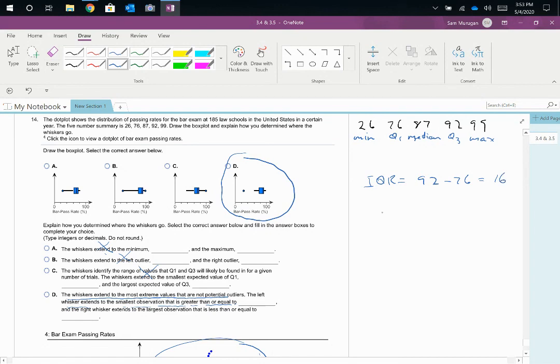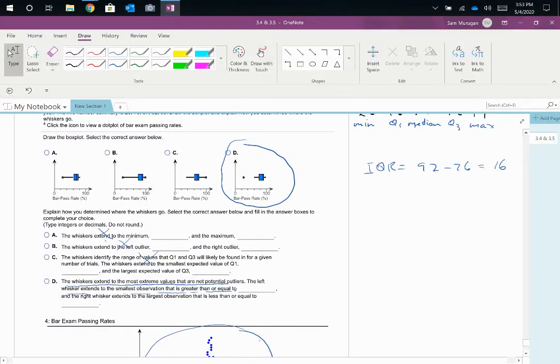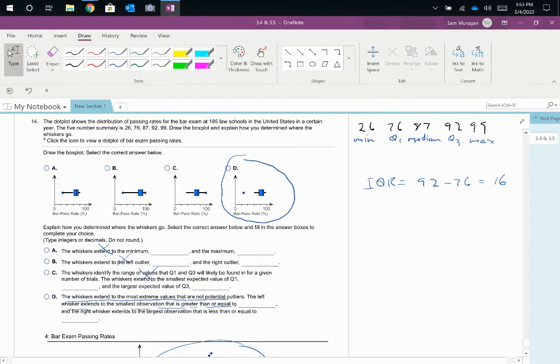And we would take that Q1 value, so the left extreme value would be the smallest or lowest fence, equal to 76, the Q1 value, minus 1.5 times 16. 76 minus 1.5 times 16 is equal to 52. So that is greater than or equal to 52.